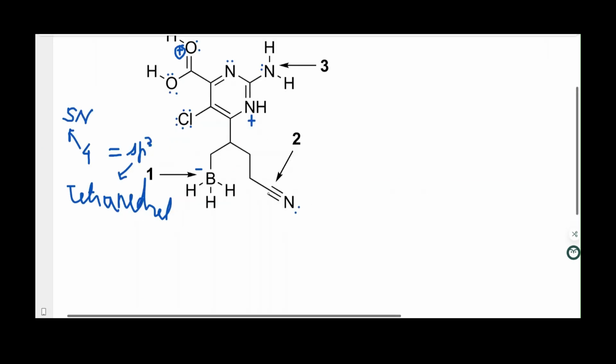And now coming on to this carbon over here. We know that this is involved in a triple bond, so we automatically know that it should be in sp hybridization. Why? We can also confirm it using the number of bonds it has. It has one sigma bond on this side and one sigma bond on this side.